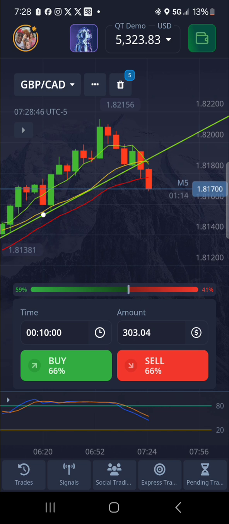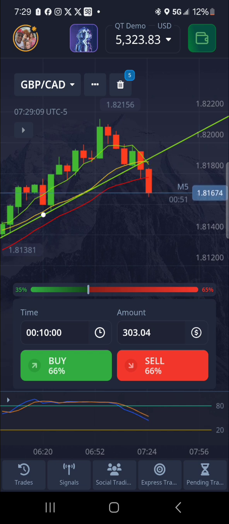You also want to look at down here, the stochastic oscillator. It shows you as well. A good indicator is if it's above 80 or below 20. That kind of tells you how it's going to correct itself pretty much.